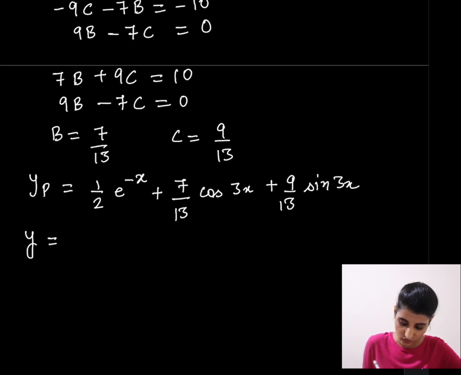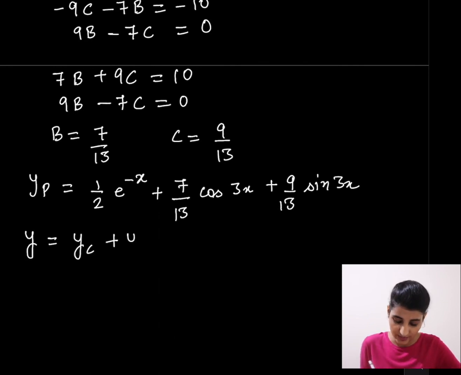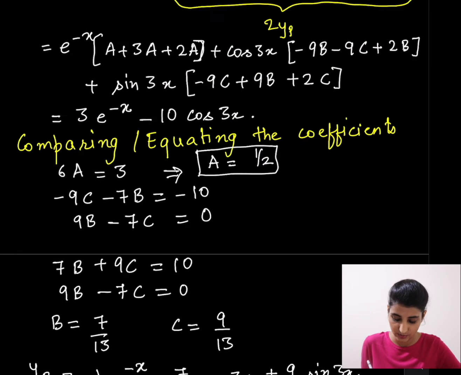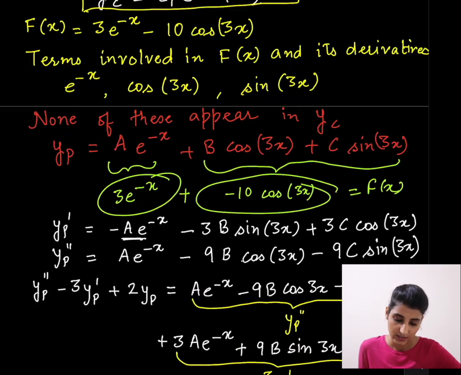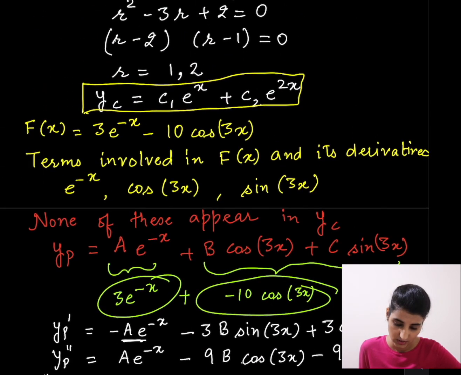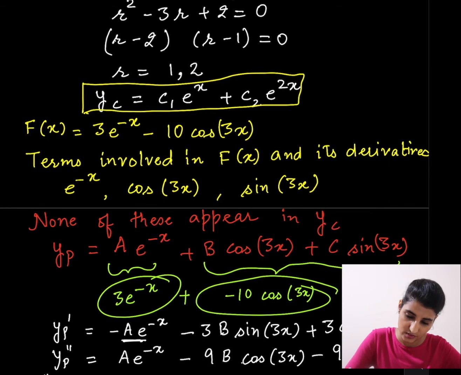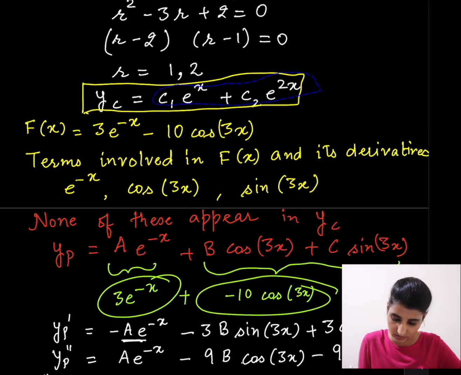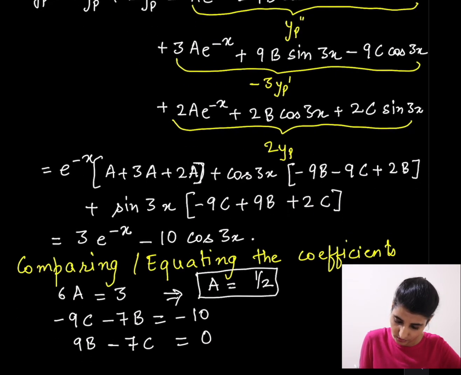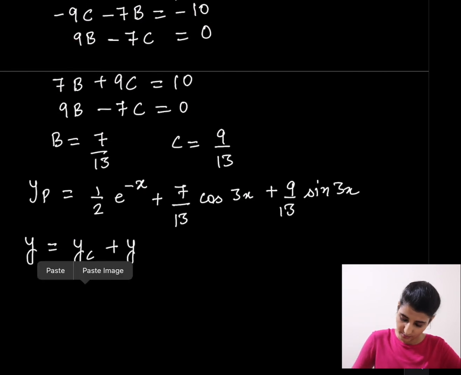And then you can write your y as the sum of your complementary solution plus the particular solution. Let me copy what was your complementary solution. This is our complementary solution. I'm going to copy and paste.